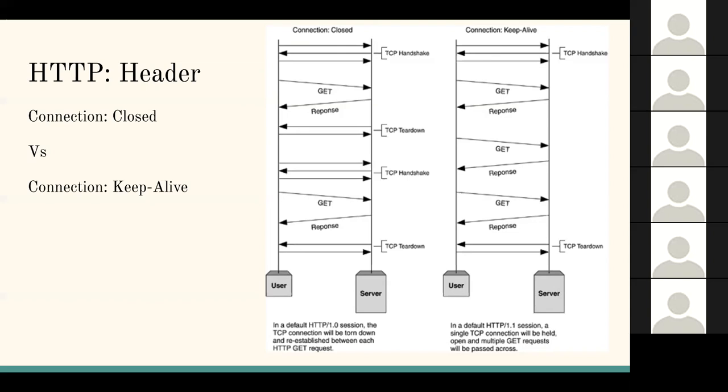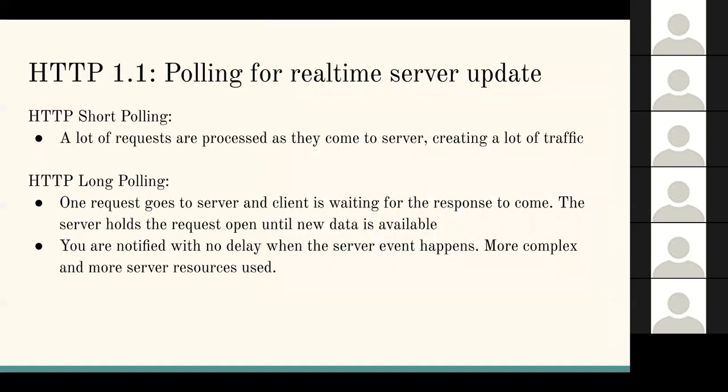When there is no communication going on, when the server doesn't see any message from the client, let's say 600 seconds after the last response, and the client has not requested anything yet, the server will just initiate the TCP teardown and close the connection. That is what I'm trying to say. If your client stays inactive, your server will close the connection. So these are the capabilities that we have right now with HTTP 1.1.